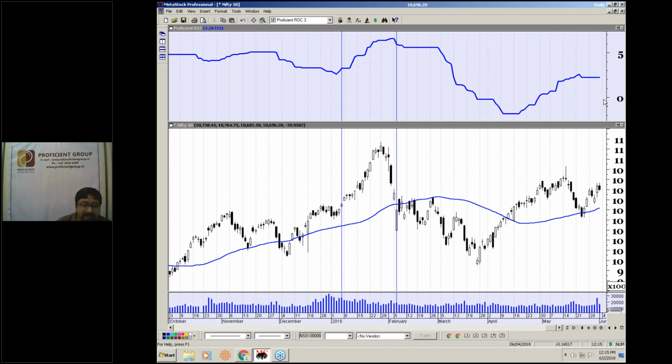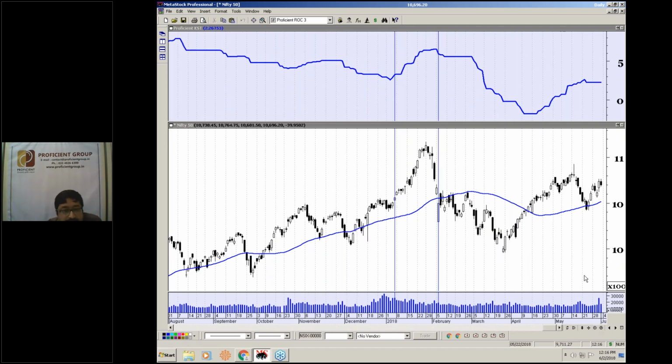But here again, I will draw your attention to one weakness of this particular momentum oscillator, because this momentum oscillator only gives us the strength of the buyers and sellers. So sometimes it will happen that even if prices are making newer highs like here, this indicator will not show that, right?